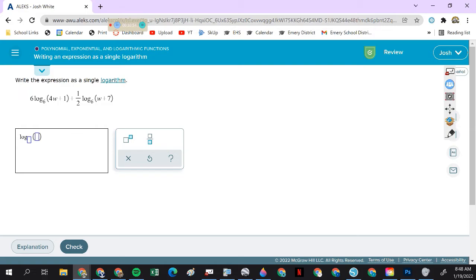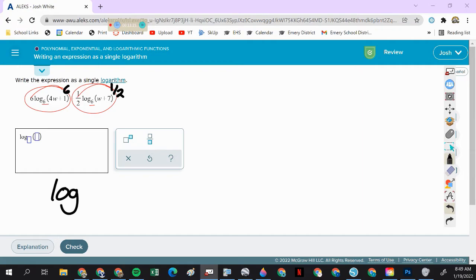All right, how are we going to put this together? So we have a positive logarithm and a positive logarithm. The bases match, but in order to put those together, I need to turn these into exponents. So I'm going to put the 6 up here, and I'm going to put the 1/2 up there.